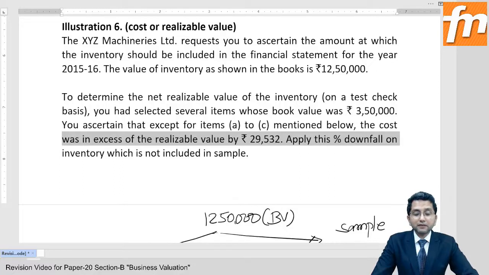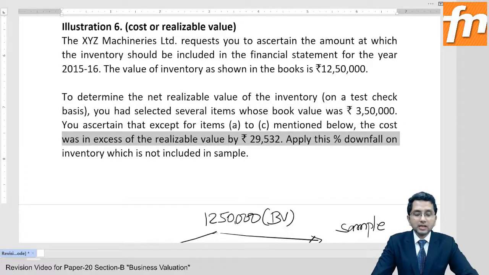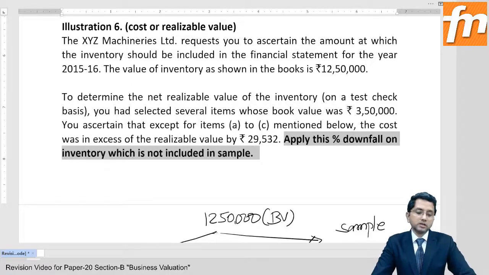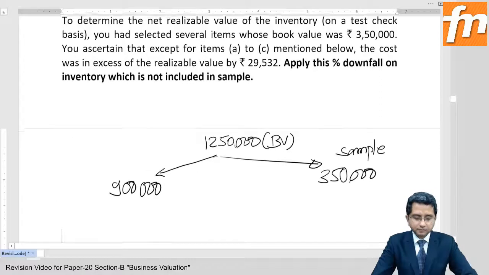So out of 3,50,000 also, now there are some special items mentioned in A to C, and the rest of the inventory is to be reduced by 29,532. Apply this percentage downfall, like I have made this correction in the question, it's not there in the original question. Apply this percentage downfall on inventory which is not included in the sample.